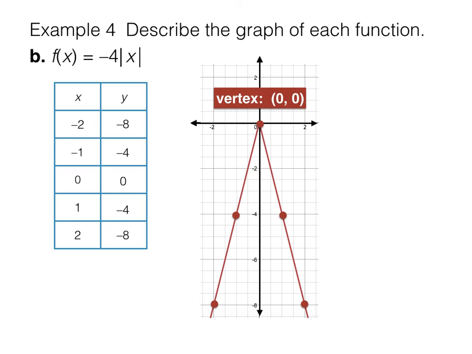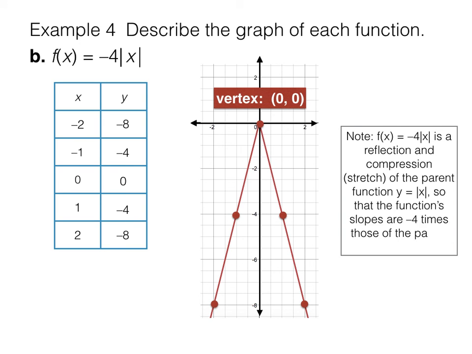But the parent function underwent a reflection because of that -4, and the slopes are also -4 times those of the parent function slopes. So it'll be 4 times as steep. Instead of going over 1, down 1, we're going over 1, down 4.